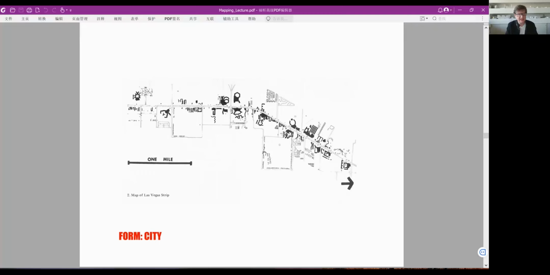Same with Las Vegas, with the Strip. You see the artifacts on the one hand, but you also see the major road, the flow, building and flow. Next one.